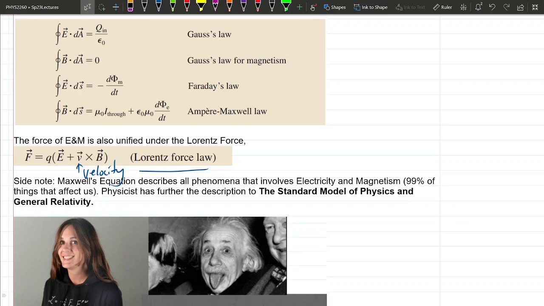This is kind of cool because with these 5 equations, basically all of our computers, all the lights, all of modern society works, and that's it. Of course, actually solving these equations in more complicated geometry is harder.